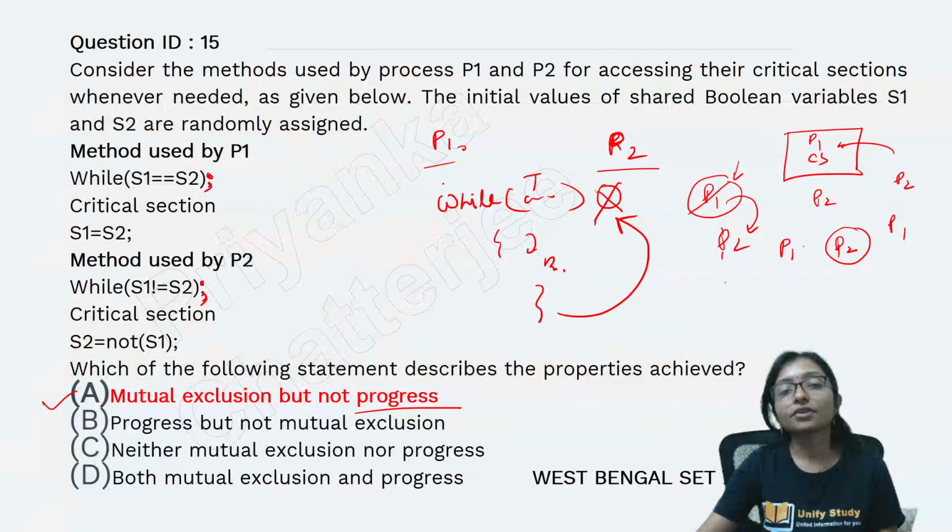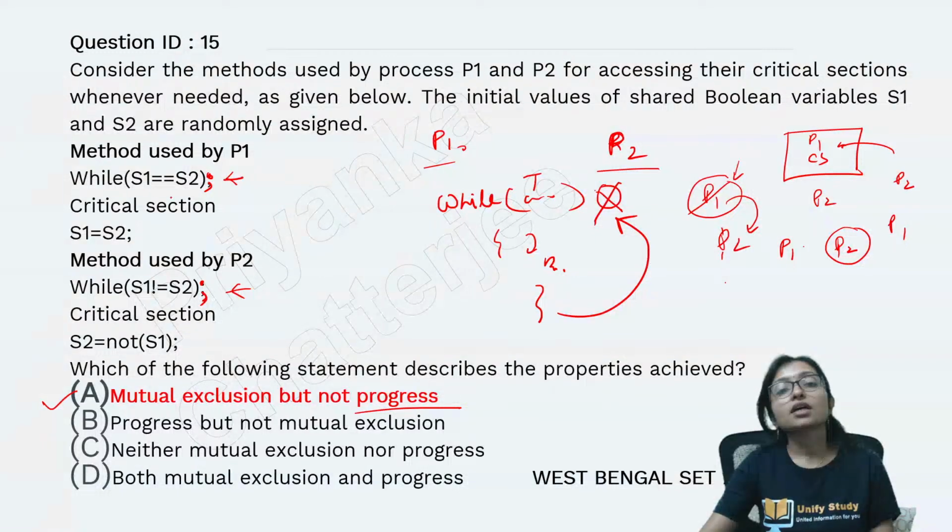But after the while loop, as we are putting a semicolon here, that means it will be an infinite loop. Whenever this condition is true, it will check again and again. It will not enter the critical section.